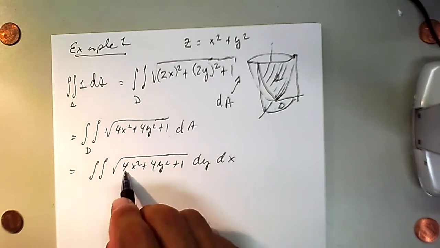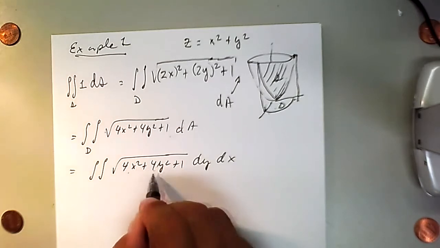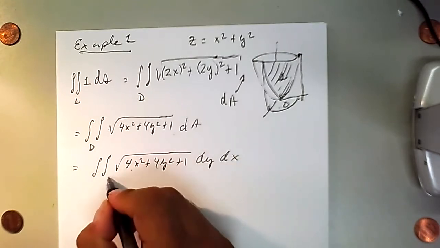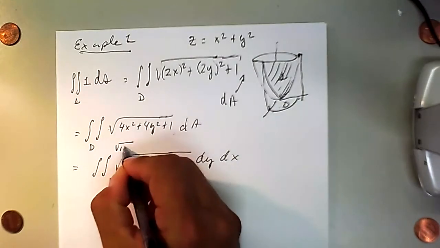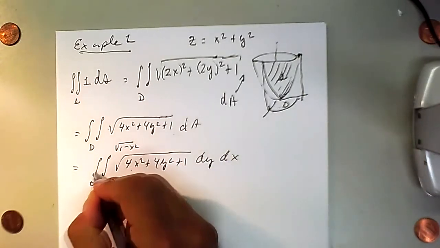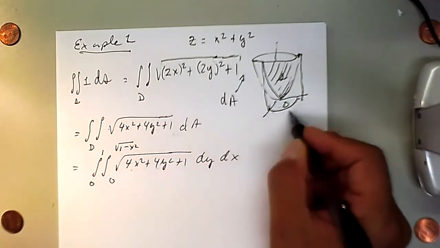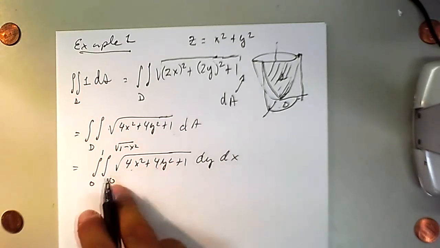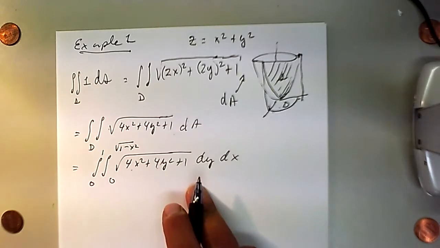Oh, but then we have to multiply by 4x squared plus 1. It gets quite messy if we attempt to do this as is. The limits will go from 0 to the square root of 1 minus x squared because this is the unit circle. But then we will be integrating from 0 to 1, again, because that is just a quarter of the circle. And this can get quite messy to do.